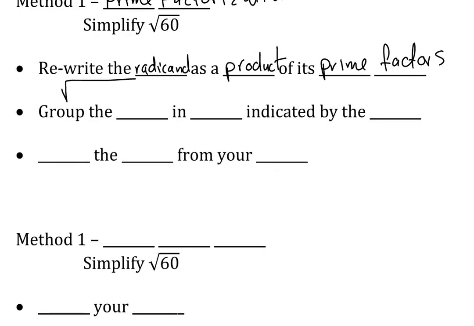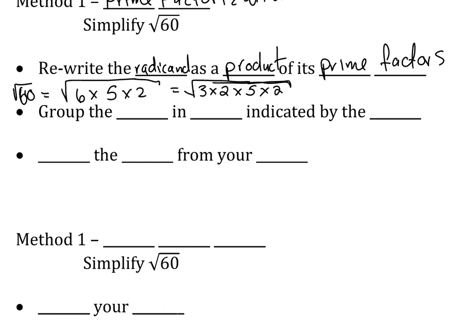The square root of 60 is going to be the same thing as, say, 6 times 5 times 2. Then I can split that 6 down further. So I can say 3 times 2 times 5 times 2.